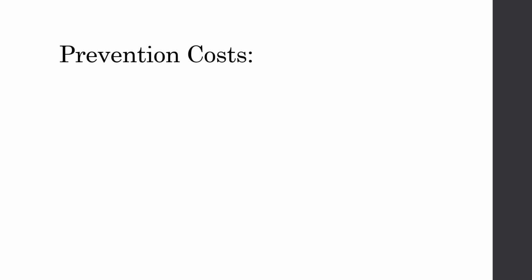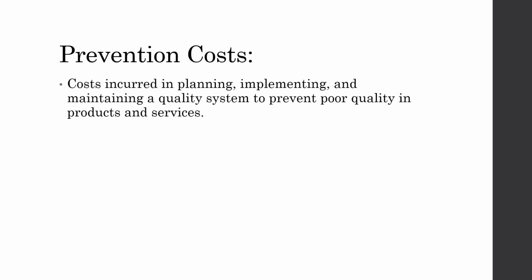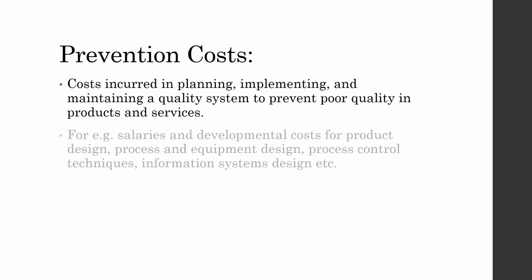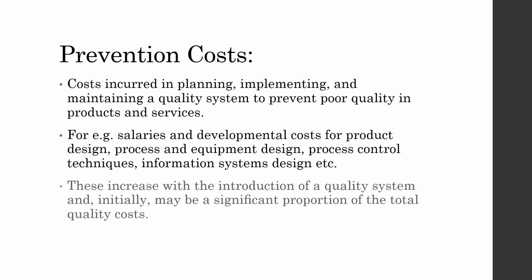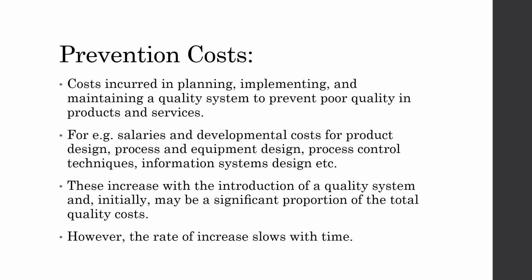What are prevention costs? Prevention costs are incurred in planning, implementing, and maintaining a quality system to prevent poor quality in products and services. Following are some of the examples of prevention costs for your reference. These increase with the introduction of a quality system and initially may be a significant portion of the total quality costs.